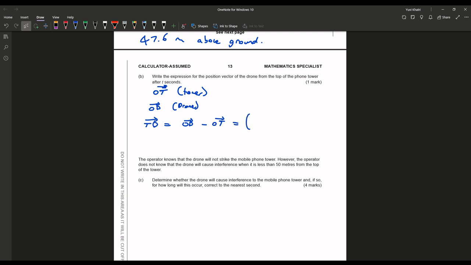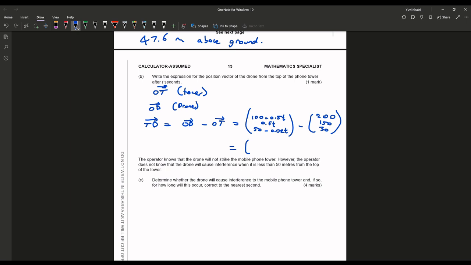So that is our drone equation, 100 plus 0.5t, 0.6t, and 50 take away 0.02t. Take away the position of the tower, which is 200, 150, 30.